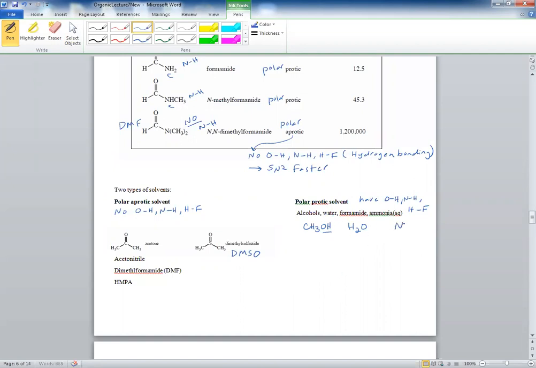In ammonia, if it's aqueous, again, we have the NH bonds. In formamide, right there, we have NH bonds. So be aware of those. The question is why? Or even those here.